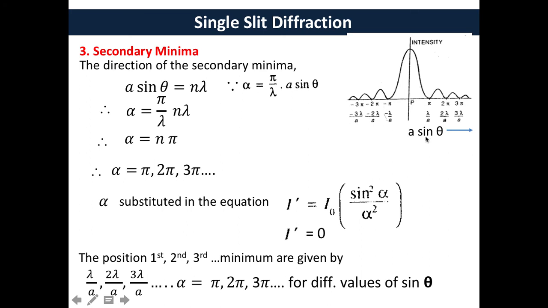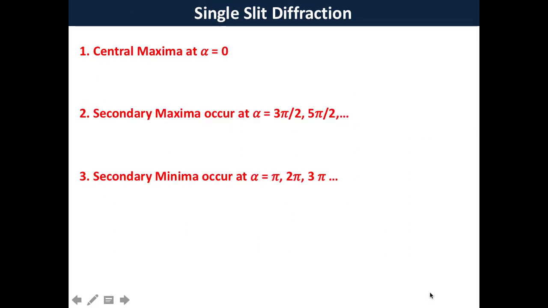For the secondary minima, the condition is pi, 2 pi, 3 pi. The positions for the second and third minimum are given by lambda by a, 2 lambda by a, 3 lambda by a, or you can also write pi, 2 pi, 3 pi for different values of sine theta.